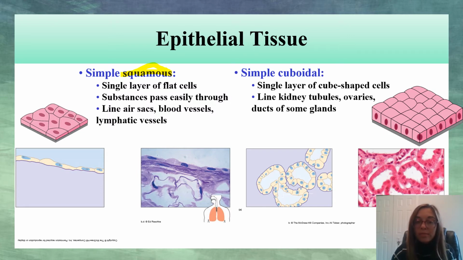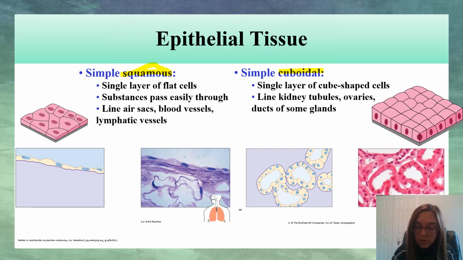Okay, then we have simple cuboidal. So again, simple meaning a single layer, and then cuboidal meaning cube-shaped cells. Okay, so here you can see the image, cube shape, one layer. This is a nice little drawing of it to simplify things, and then you can see the real pictures of cuboidal cells.